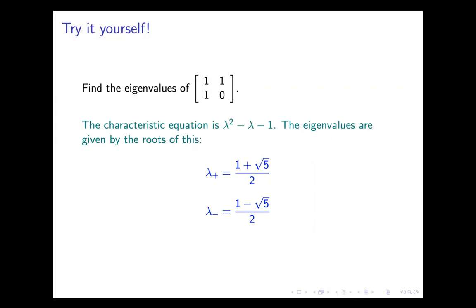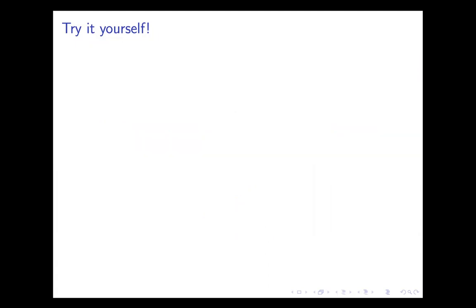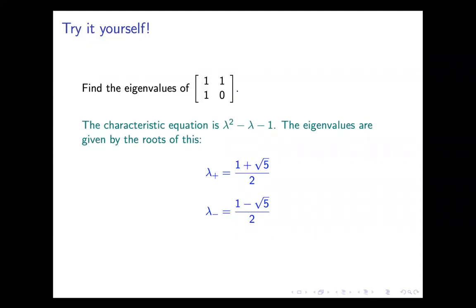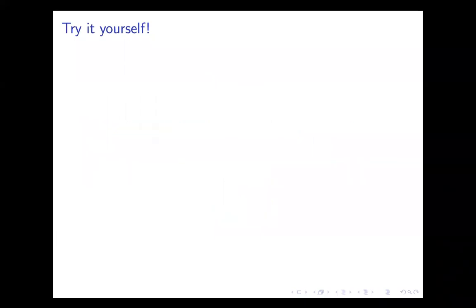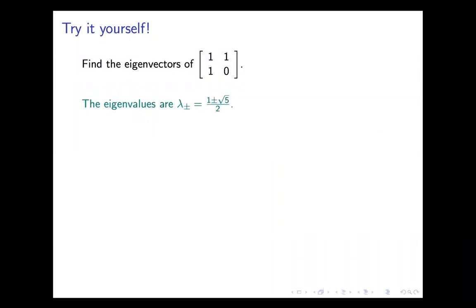They are irrational: 1 plus or minus square root 5 over 2. Probably some of you know that the one with the plus is the famous golden ratio. The reason why the Fibonacci spiral is so nice and elegant is because it reflects the golden ratio.